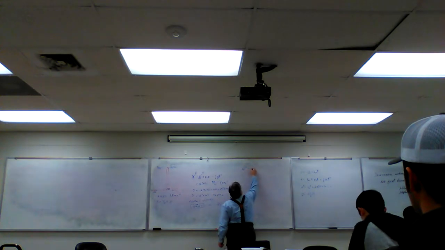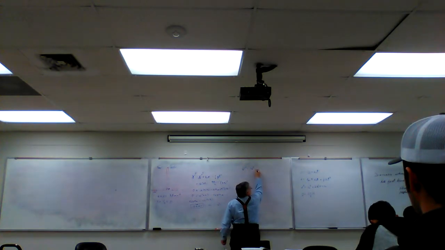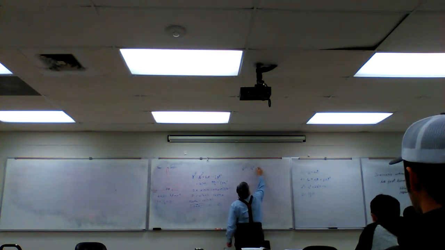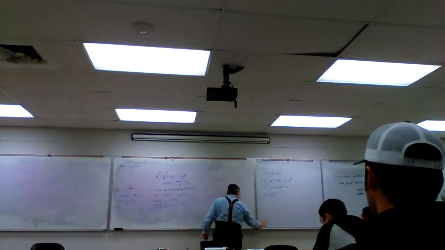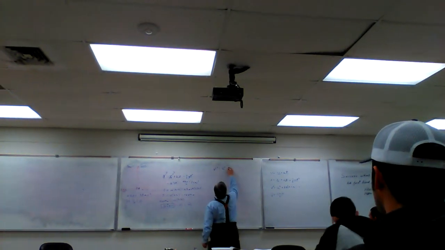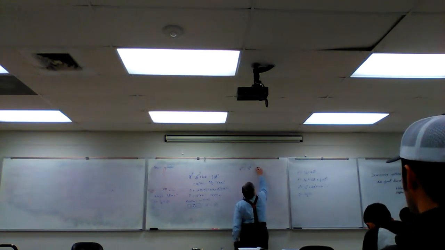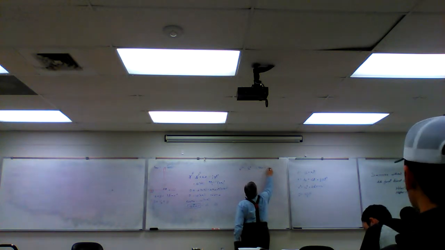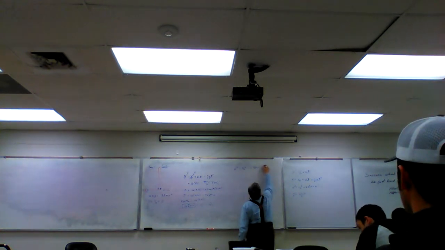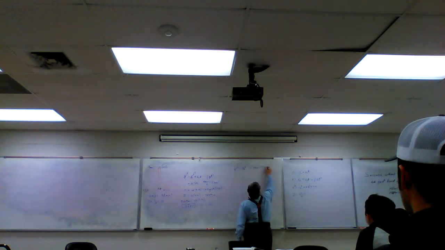So let's rewrite this. V squared equals V naught squared, well, not plus, because we're turning this over for vertical use. And this becomes minus 2 times 9.8 meters per second squared times Y minus Y naught.